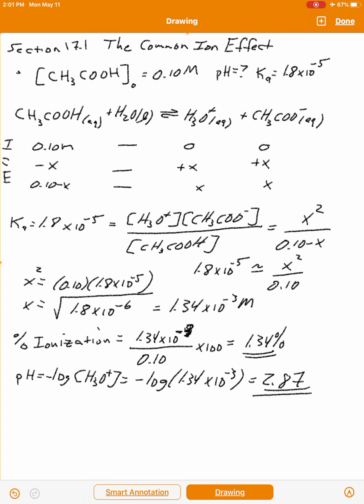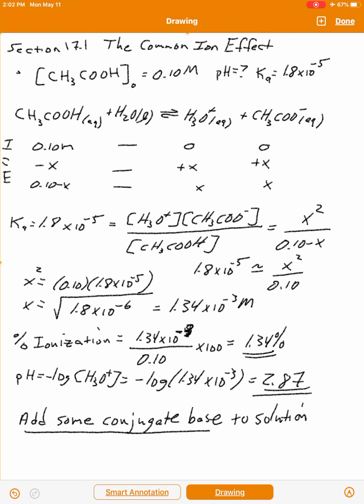That's just calculating the pH and the percent ionization of a weak acid. But now the question is, what happens if we add some amount of the conjugate base to the solution? That's the issue we're going to deal with in the next couple of sections.